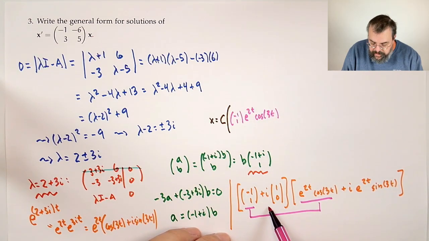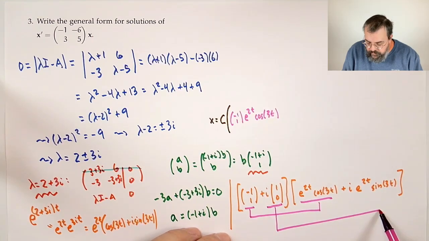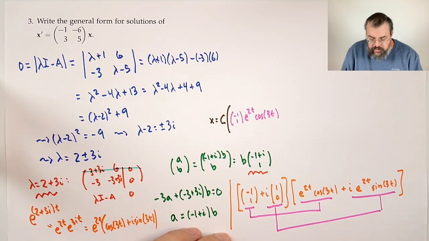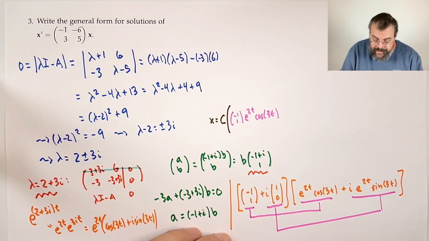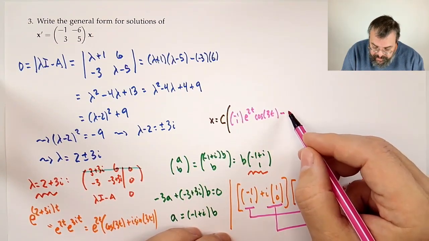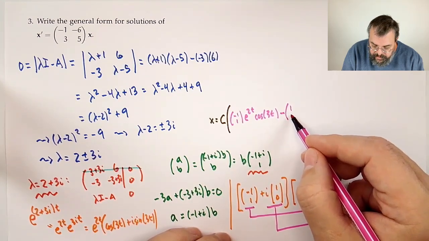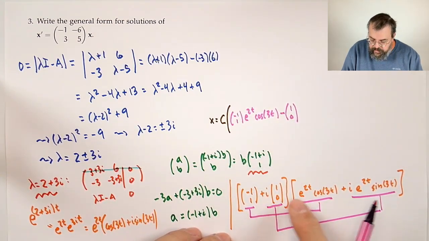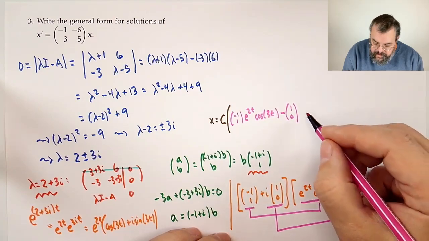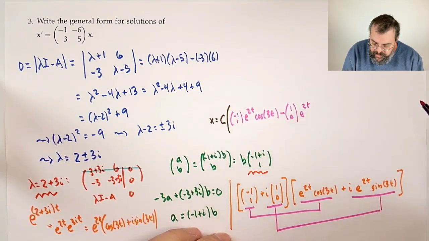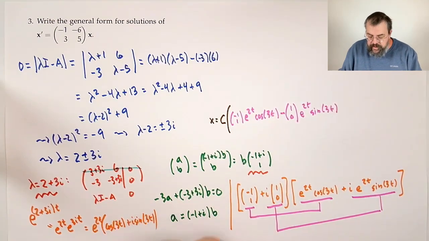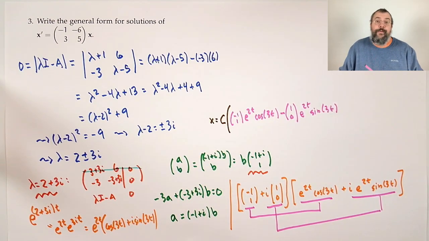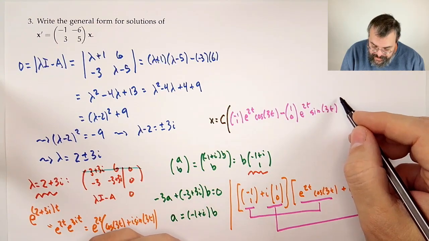And then we're going to have the last terms, and there's an i squared, so that means there's going to be a minus. So minus 1, 0, since i squared makes the minus, and e to the 2t sine of 3t. Okay, so there we go. That's one of our two solutions.